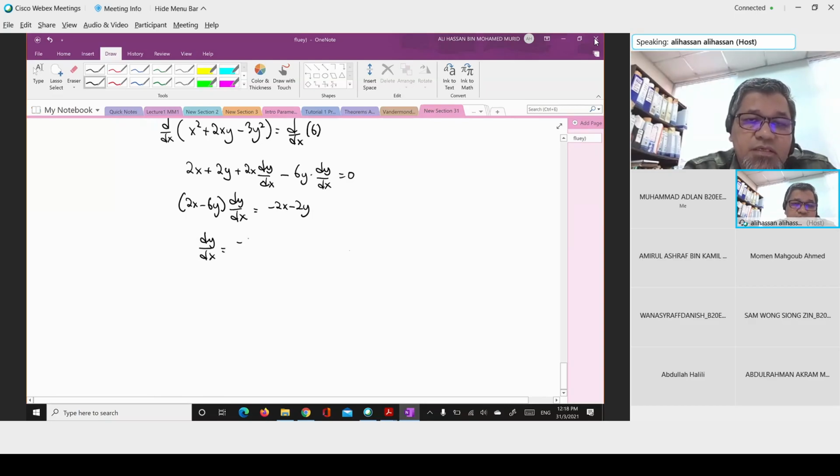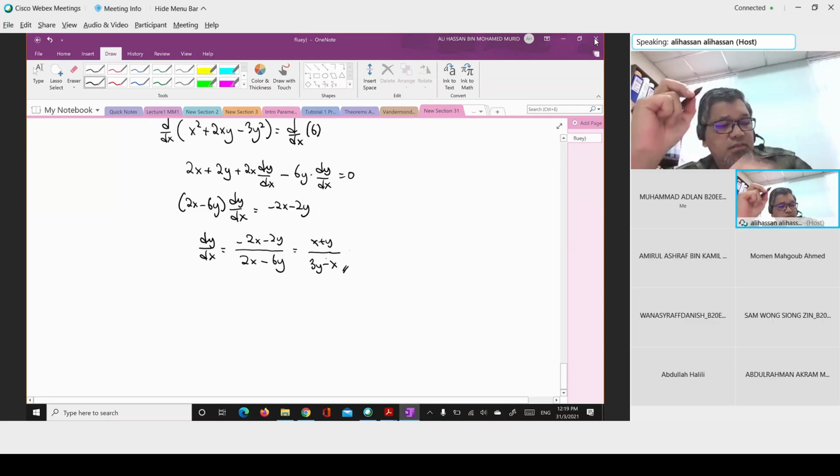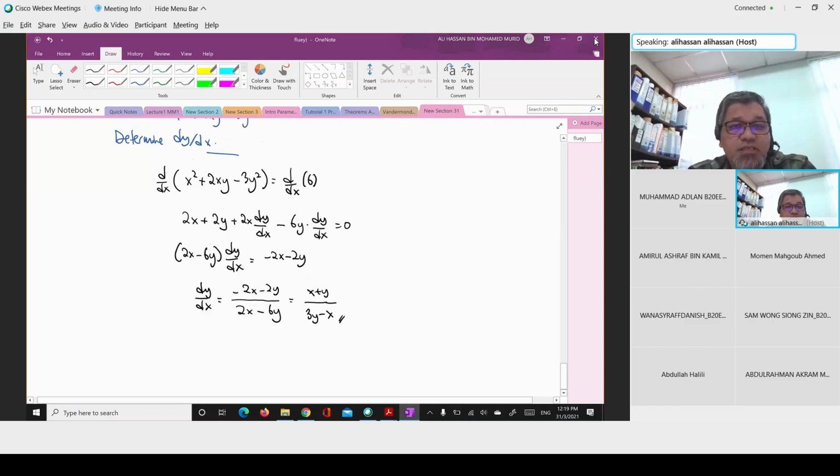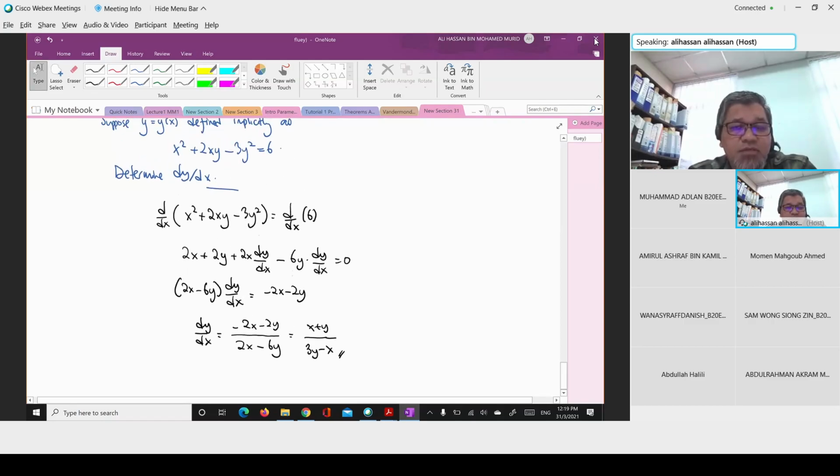So it's minus 2x minus 2y divided by 2x minus 6y, which can also be written, if I multiply and divide by minus a half, as x plus y divided by 3y minus x. That is the answer here. This is one way of finding dy dx. I'm sure you have learned this before in your previous calculus class.